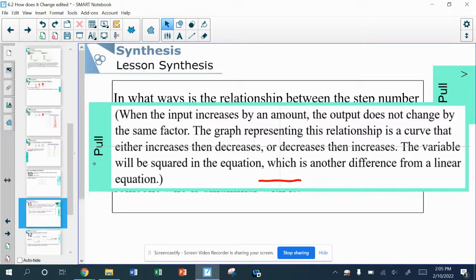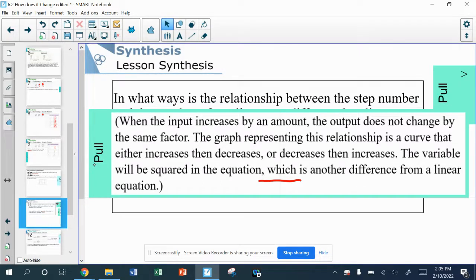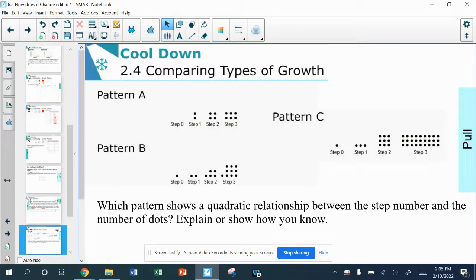But if we look at the whole graph on some of these, which we haven't yet, you're going to see that these graphs are going to be increasing and then decreasing, or decreasing and then increasing. So very different from a linear graph where it's just going in one direction and it's got a constant rate of change. Here's the other important word right there. We are going to be looking at things that are getting squared in our equations.